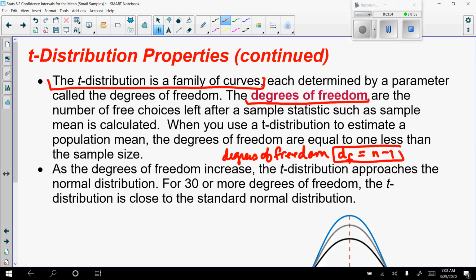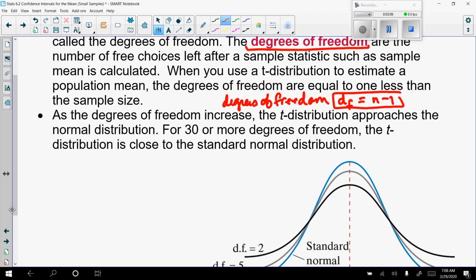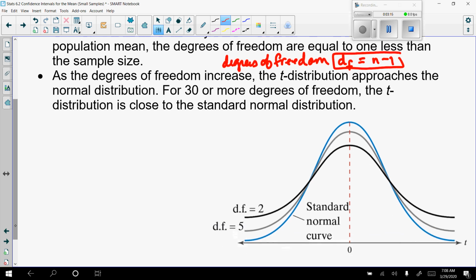Okay, so what happens is that as the degrees of freedom increase, your sample size is going up. So the tails being thicker become thinner, and it resembles more of a normal model.